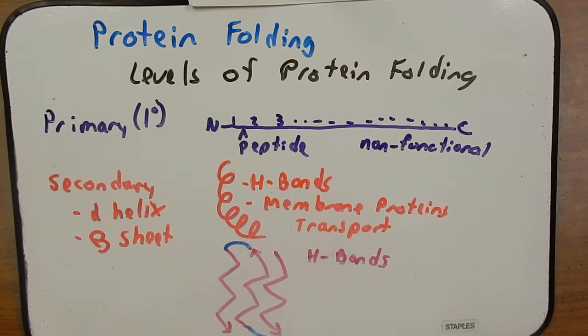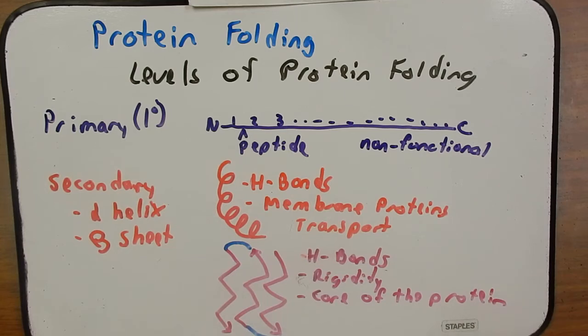But they will also form hydrogen bonds between different beta sheets. These structures that are formed, sometimes when they're stacked like this, we call them beta pleated sheets. And what they do is they add a lot of rigidity for the entire protein, or at least for that part of the protein. They also often form the core of the protein.